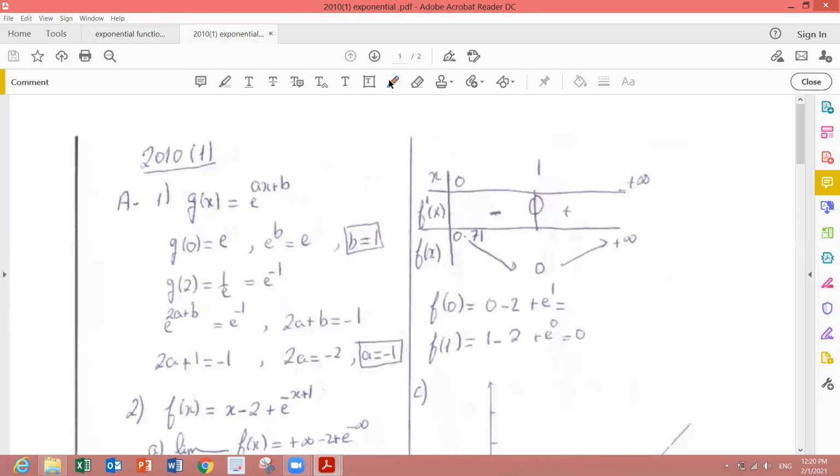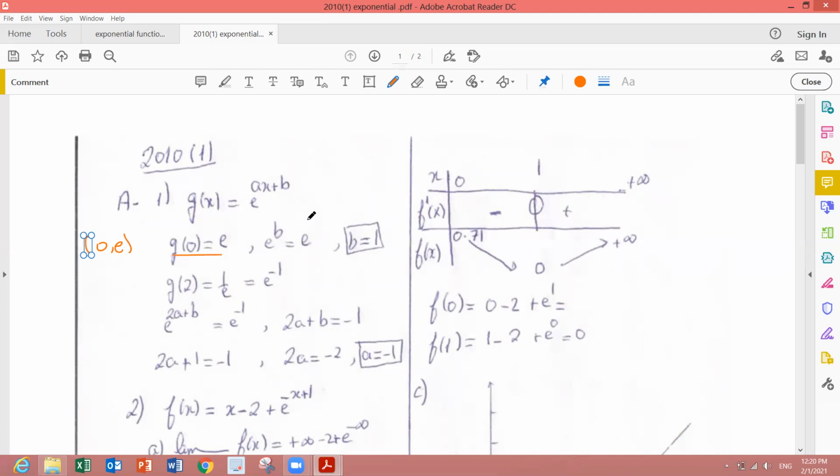So, since we have the point (0, e), it means that g of 0 equals e, right? If we put 0 in place of x, what do we have? a times 0 is 0. e to the power b is equal to e.